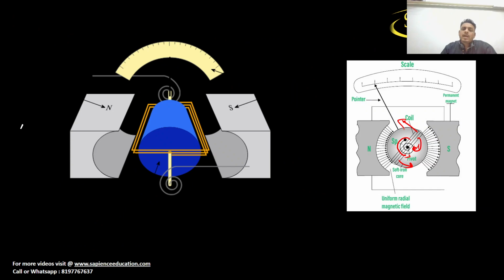So you know that we have a spring attached to it. Suppose the coil moves in this direction, the spring will try to move in the opposite direction. So the spring will counter.